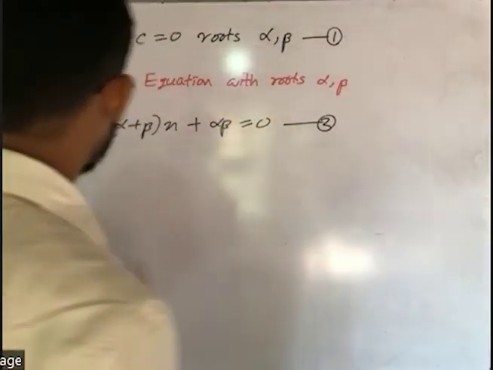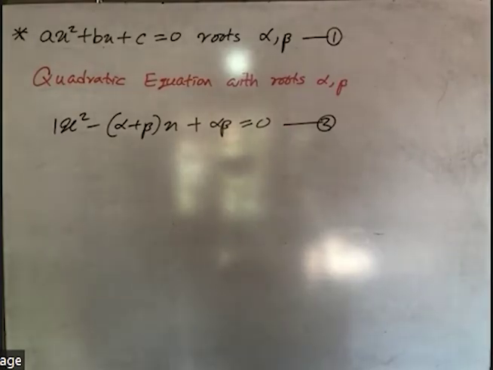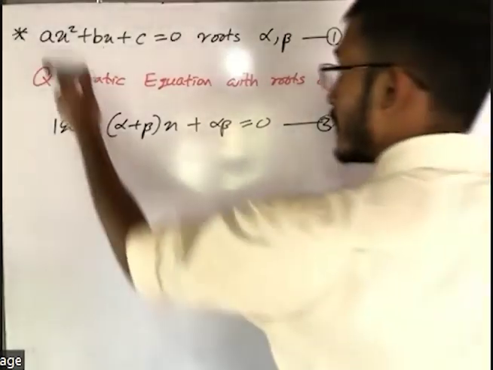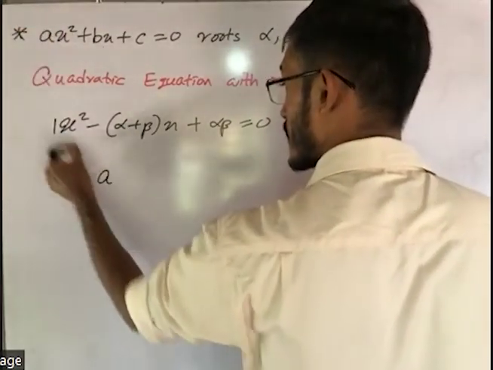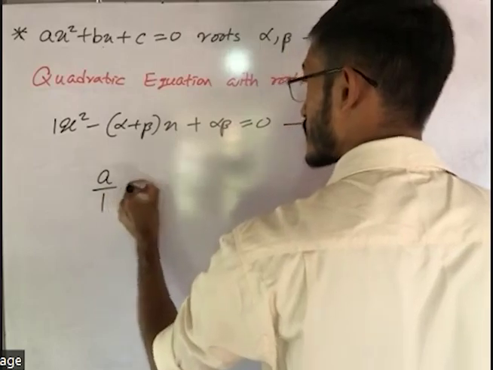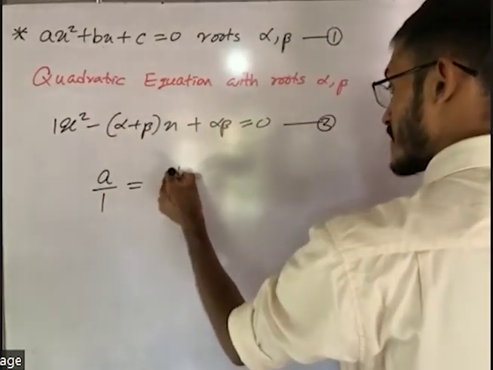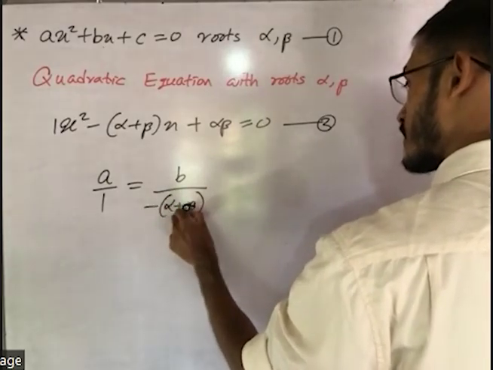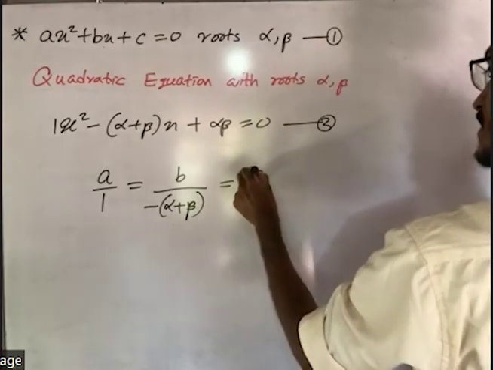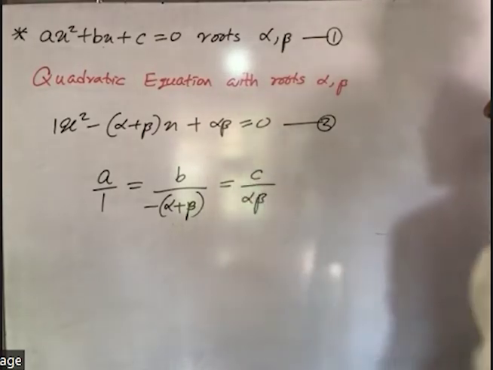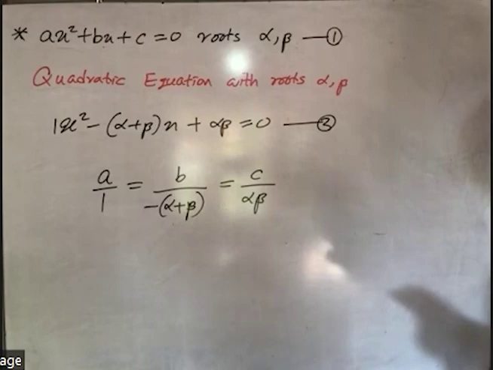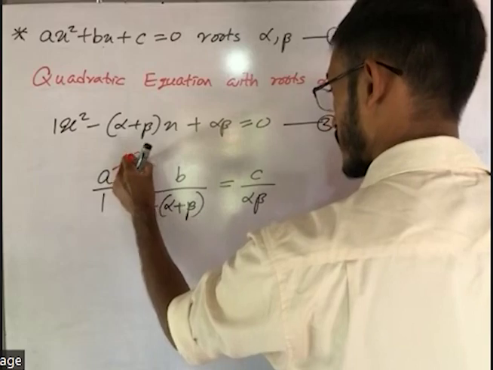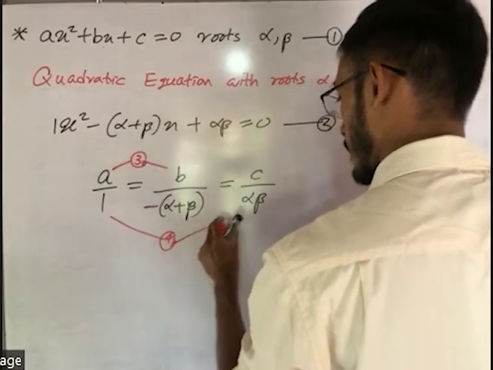Therefore, we can write: coefficient of x square is a, here coefficient of x square is 1. That is equal to coefficient of x is b, here the coefficient of x is minus (alpha plus beta). Equal to coefficient c, here alpha beta. So the coefficients are directly proportional. Now I'm going to take the first relation as number 3 and this one as number 4.